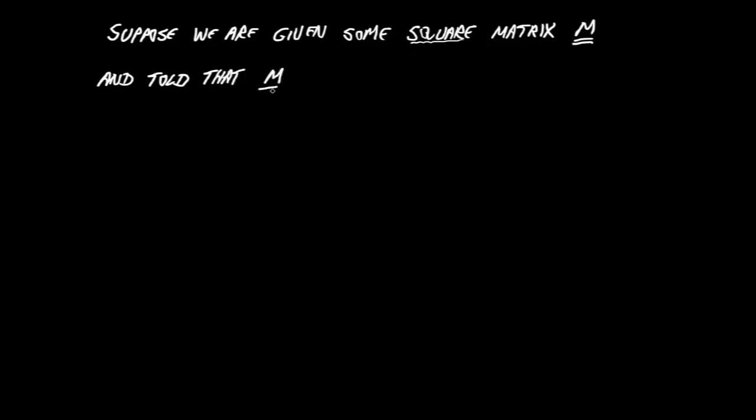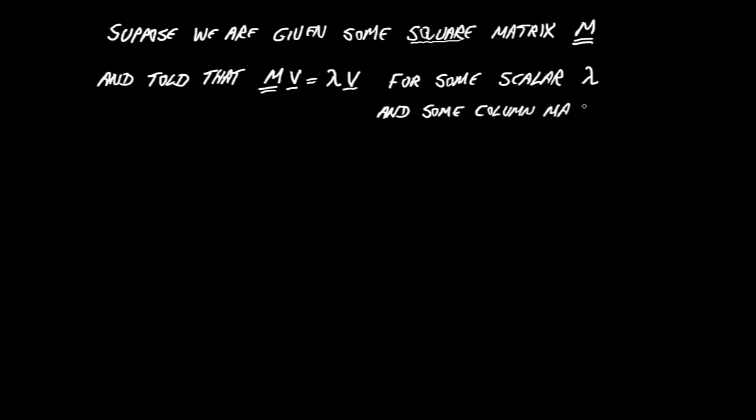So suppose that we are given a square matrix, M, just some matrix, but we are told that M multiplied by V is equal to lambda multiplied by V for some scalar, just some number, lambda, and for some column matrix, V. And a column matrix, of course, is the same as a vector.